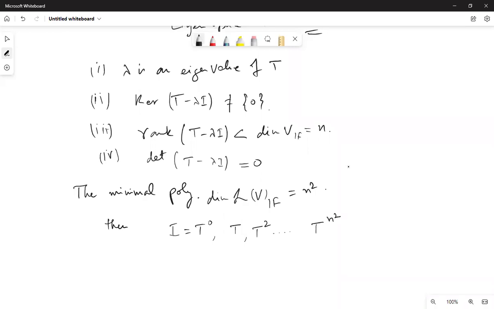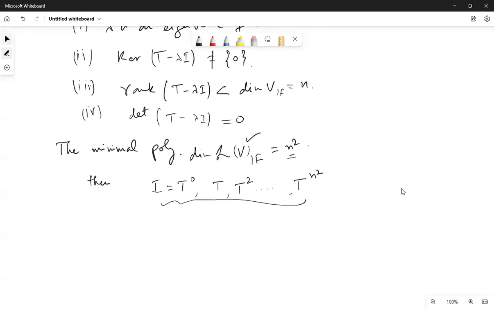These are the compositions of T, and these are the elements in L(V). The dimension of L(V) is n square, and these are n square plus 1 elements. So any n square plus 1 elements of that vector space would be linearly dependent.